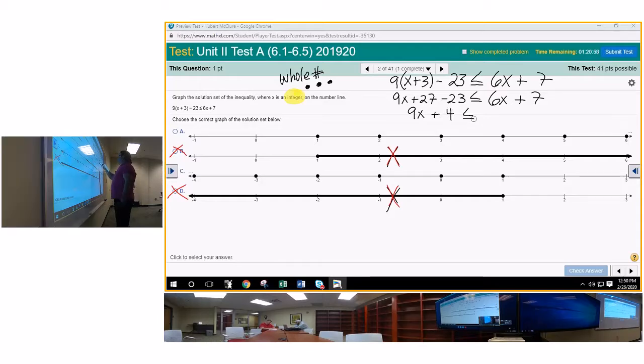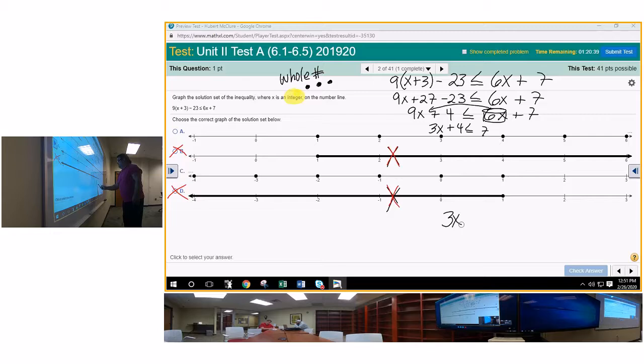Thank you, class. Which one's the little bucket, 6x or 9x? 6x. I'm going to take it across the river, and that makes it 3x plus 4 is less than or equal to 7.